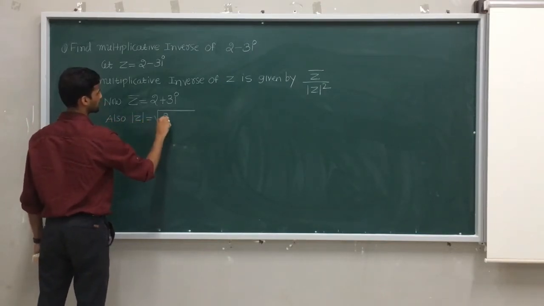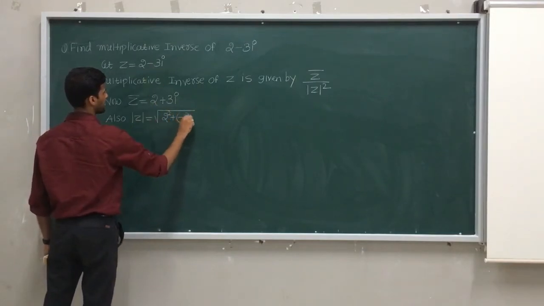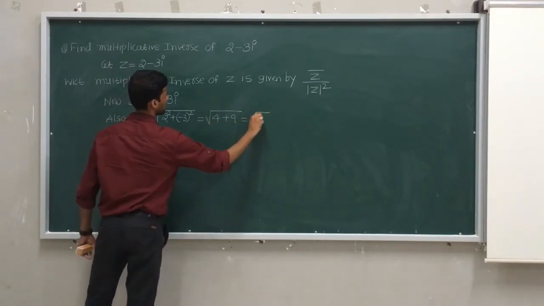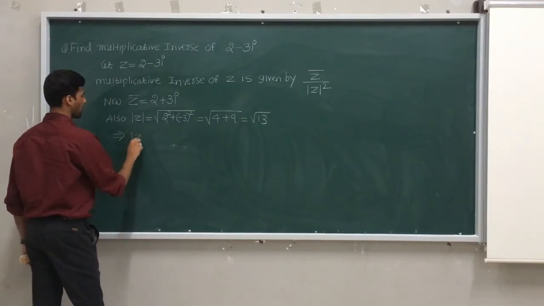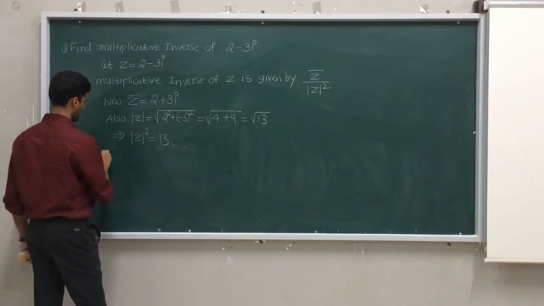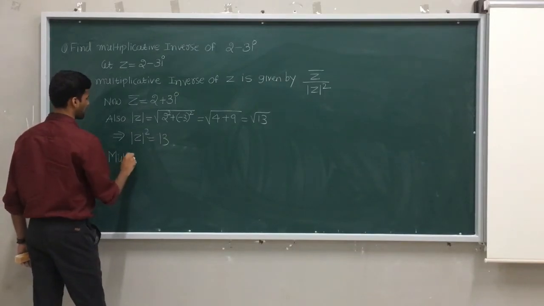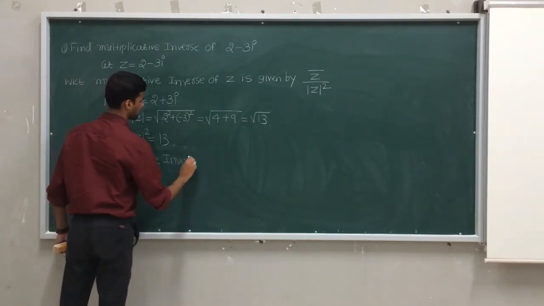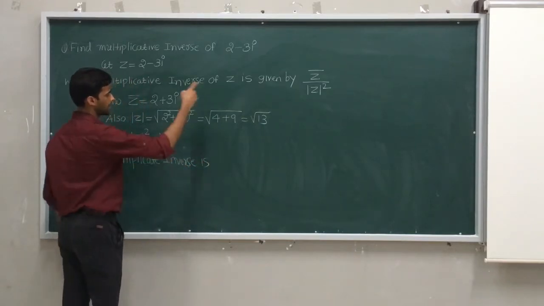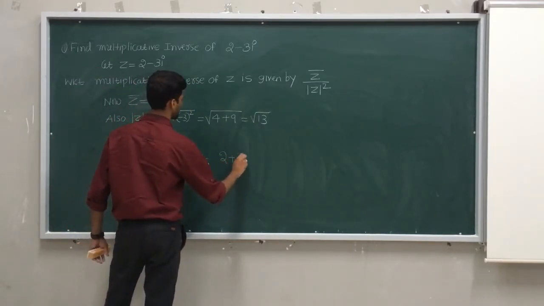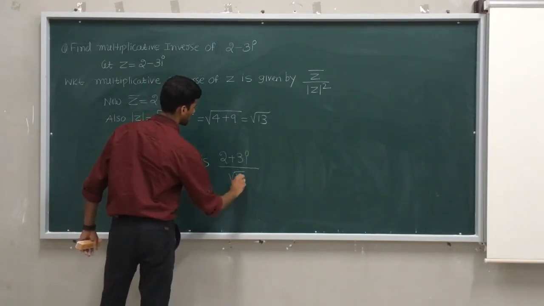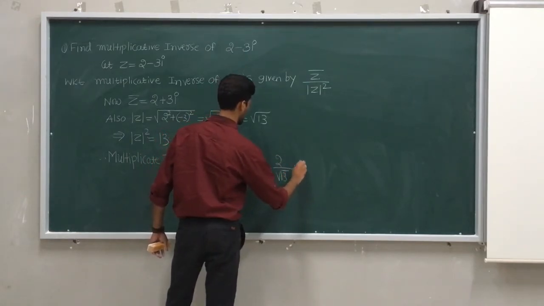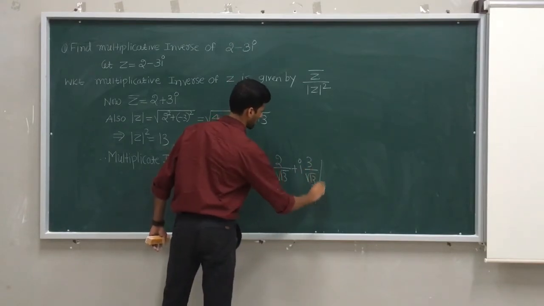It is nothing but the square root of 2 square plus minus 3 the whole square, which is 4 plus 9, which is root 13, which implies mod z the whole square is 13. Therefore, the multiplicative inverse is z bar by mod z squared, which is 2 plus 3i divided by 13, or in short you can write it as 2 by 13 plus i times 3 by 13.